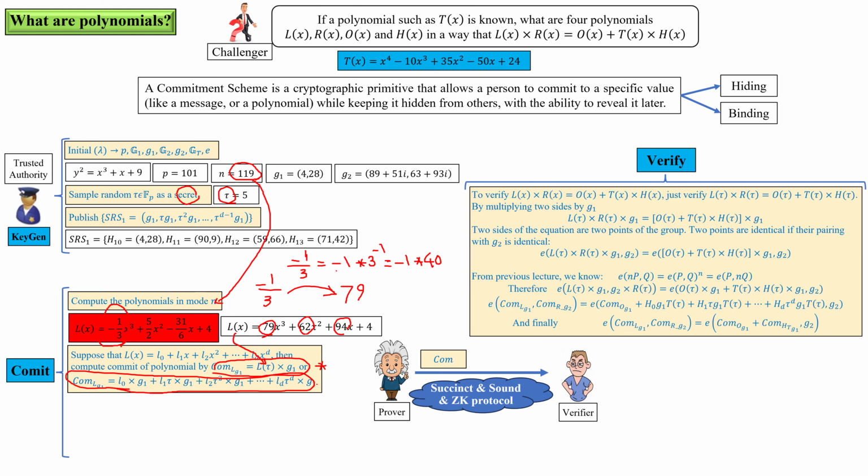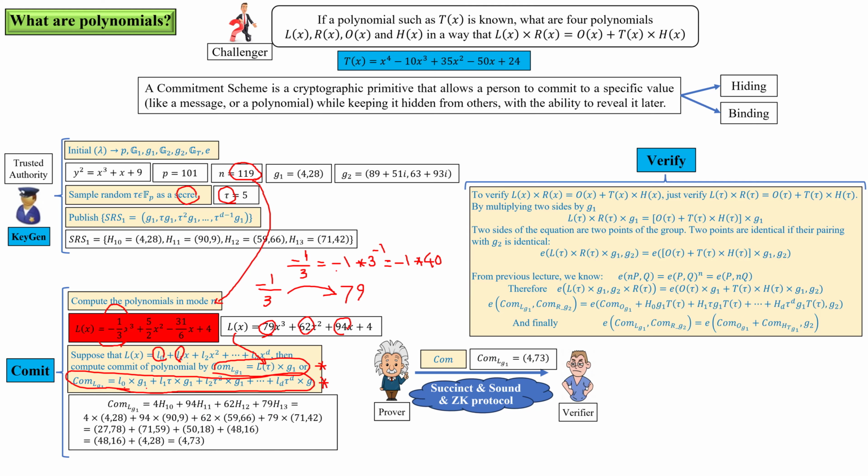So the prover uses the second formula to compute the commit of the polynomial L of x, right? The formula of the commit says that if you write the polynomial L of x in this form, then you just need to multiply the coefficients of the polynomial with the SRS values, right?